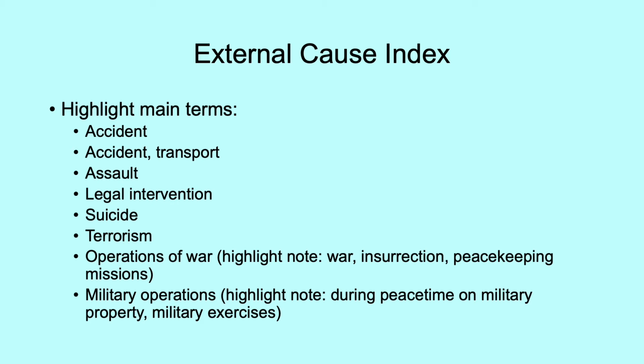Under military operations, highlight peacekeeping or military on military property, military exercises. So operations of war is war, but military operations are also military, but not war. It's like on military property, military exercises, that kind of thing. But that's easy also to confuse.